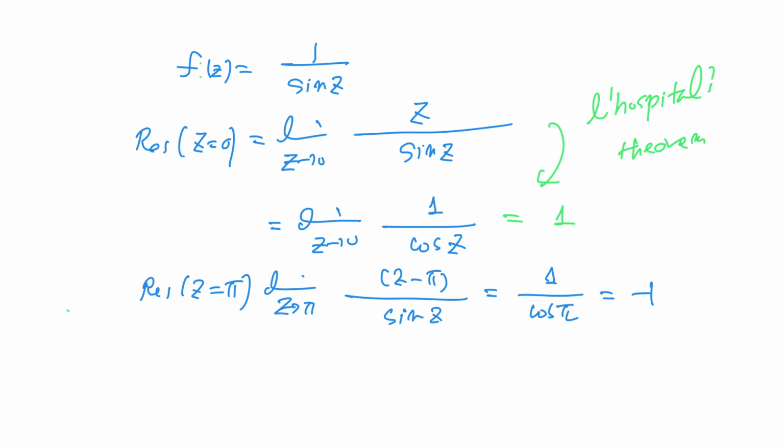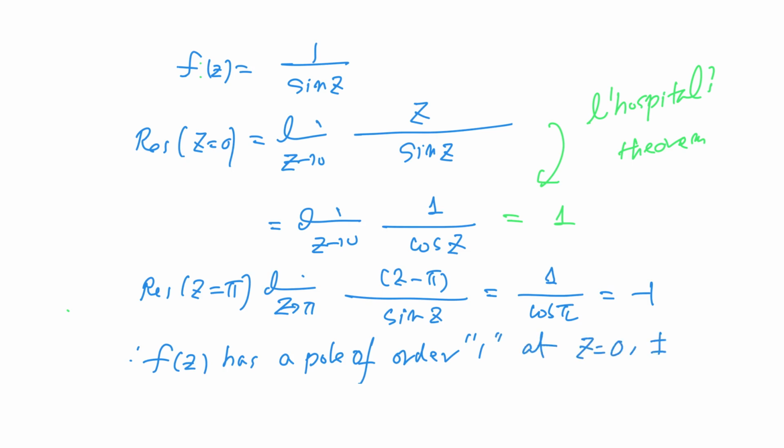So this function has a pole of order, still 1, right? So f of z has a pole of order 1 at z equal to 0, plus minus pi, plus minus 2 pi, etc., etc. But the residue will depend on whether it is even or odd.